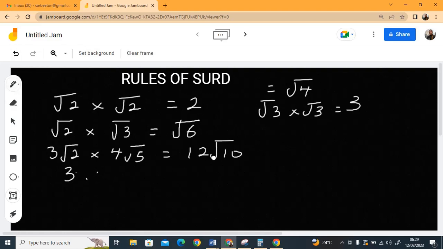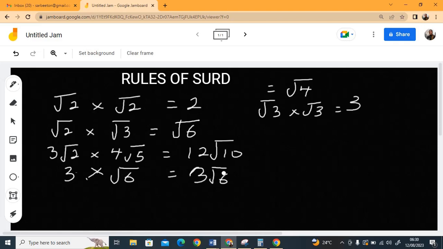Now if you have ordinary 3 times, let's say, root 6, the same thing will happen. There's an invisible 1 here. This 3 is going to multiply that invisible 1. That will be 3 times 1, which is 3. Then you just put the root 6 at the back. So this is clear for multiplication.